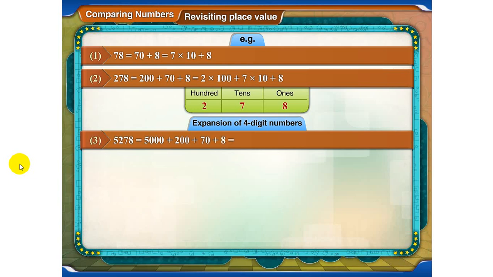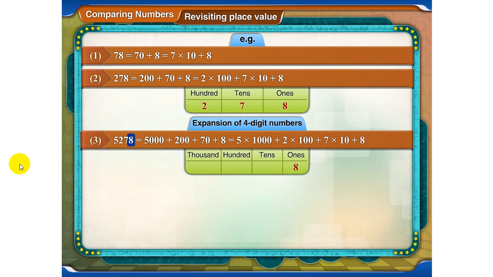That is equal to 5 into 1,000 plus 2 into 100 plus 7 into 10 plus 8 into 1. Here, 8 is at 1's place, 7 is at 10's place, 2 is at 100's place, and 5 is at 1,000's place.